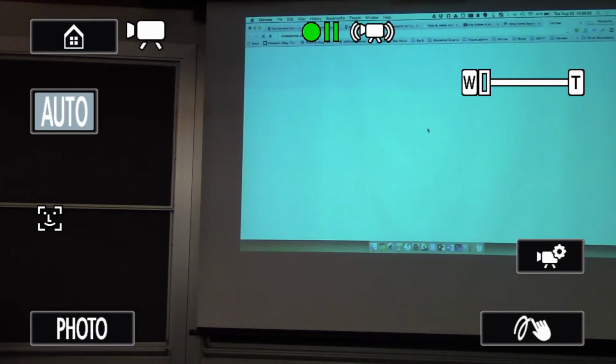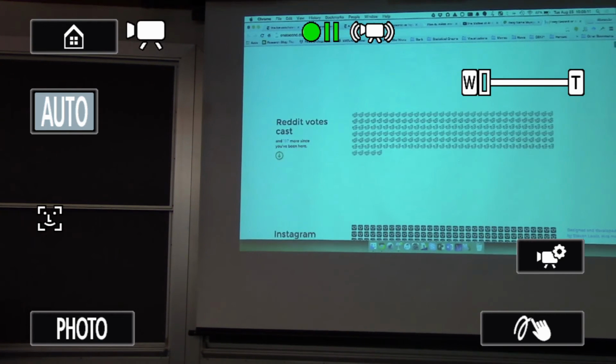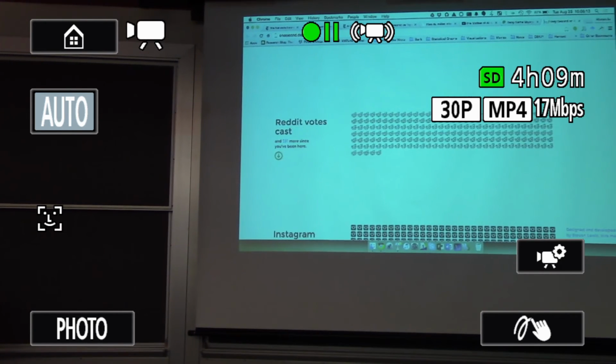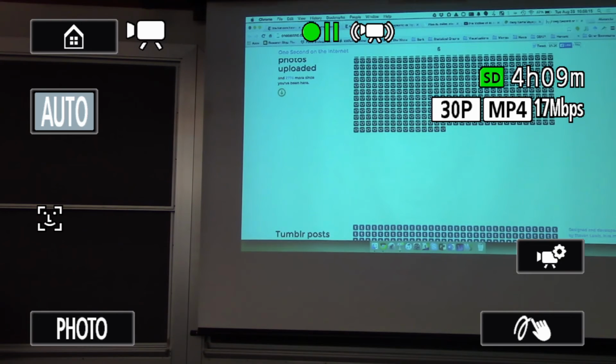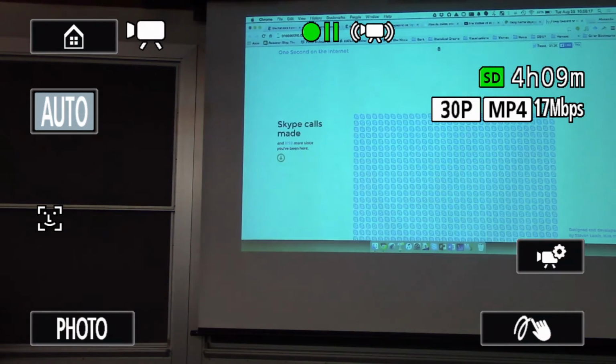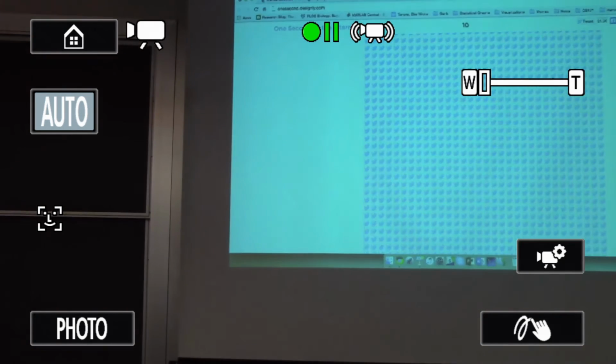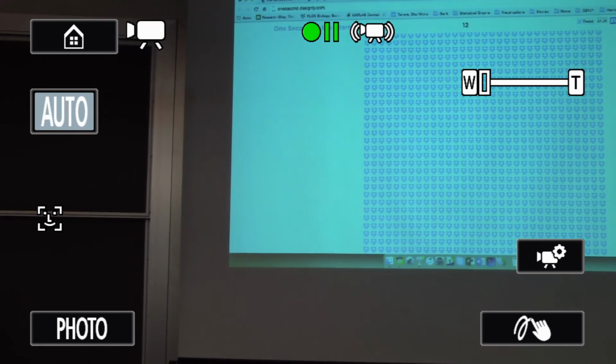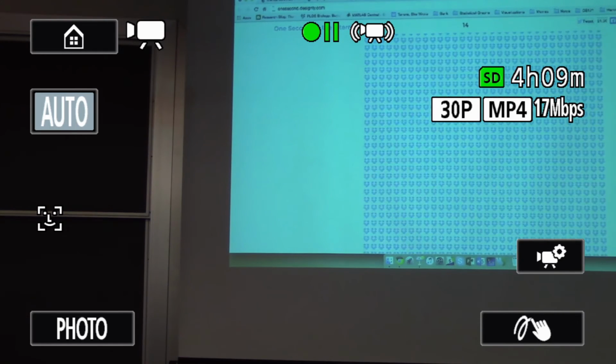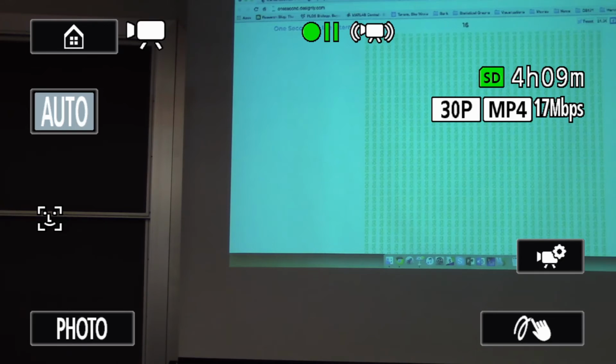In 1 second on the internet, there are this many Reddit votes. Then here we have Instagram photos uploaded, Tumblr posts, Skype calls made, tweets posted. Then we have Dropbox files uploaded. Then we have Google searches.